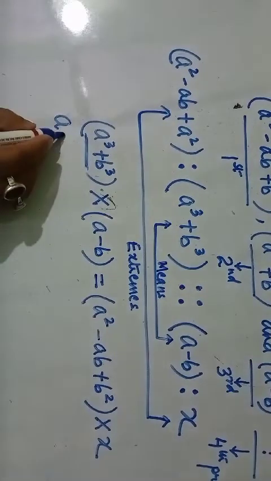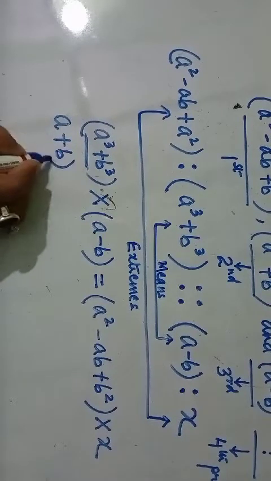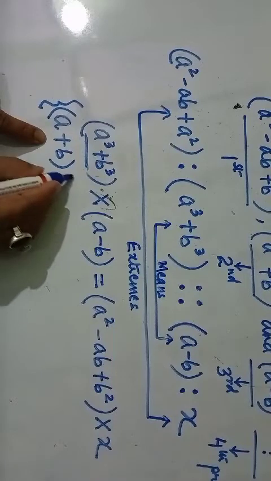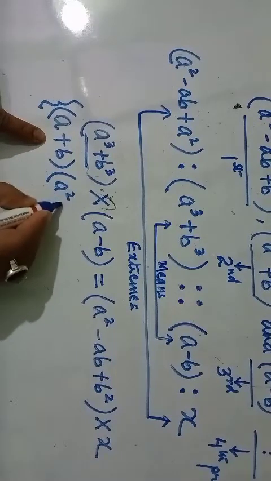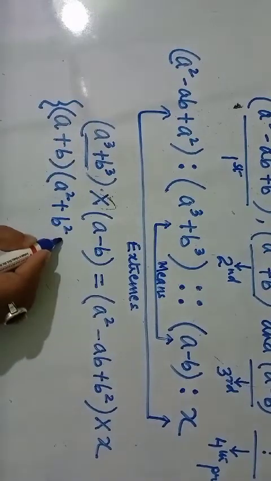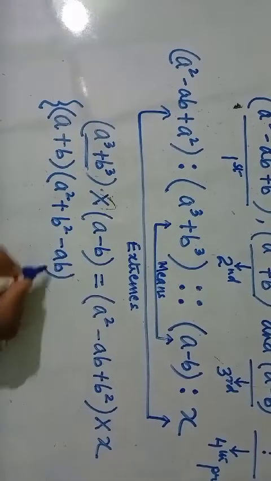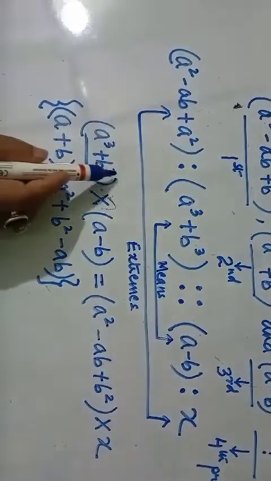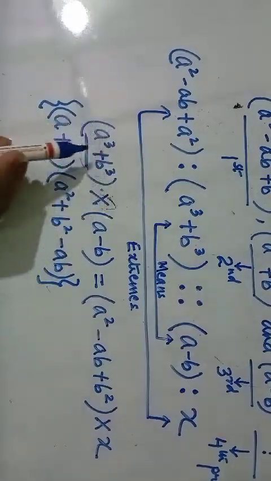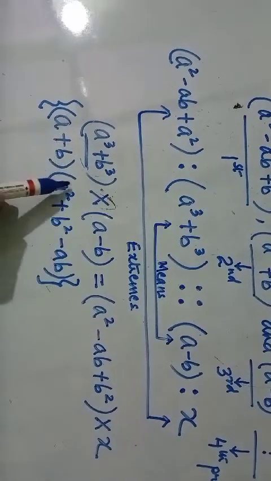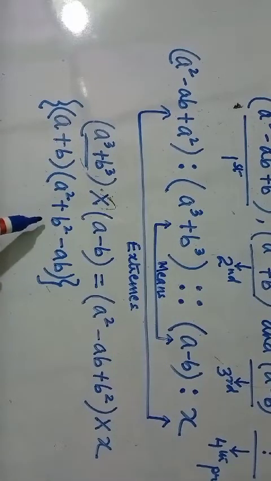So a cube plus b cube, let me first write the formula. When you write it in the expanded form, it looks like this: a plus b, and then in the second bracket it is a square plus b square minus ab. This is the expansion of this particular bracket. So a cube plus b cube will always be a plus b bracket a square plus b square, and this ab will have the opposite sign.